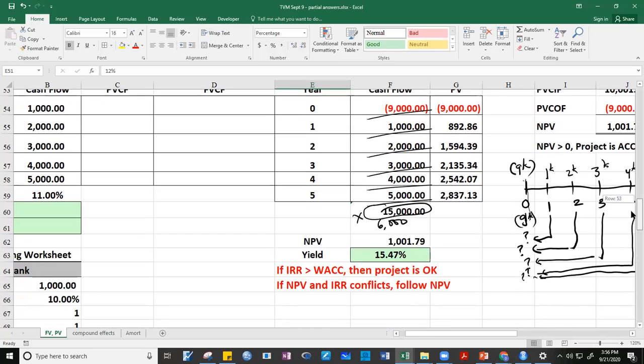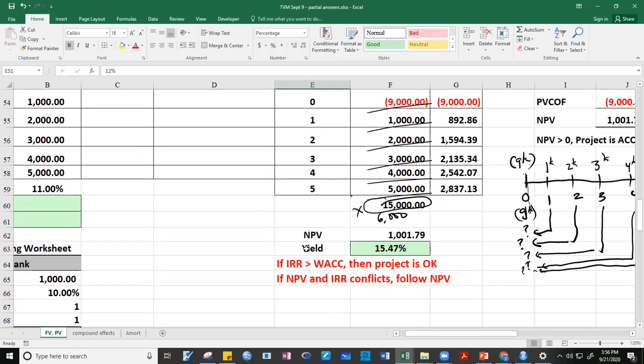So since IRR, which is the yield, yung return ng project natin, okay? 15.47% and it's greater than 12%. Okay? So project is acceptable. Ang conclusion natin, okay yung project na to, kasi yung IRR natin greater than the weighted average cost of capital.